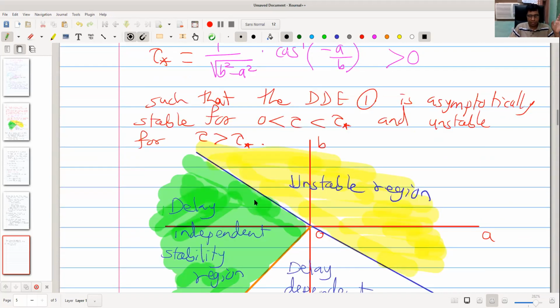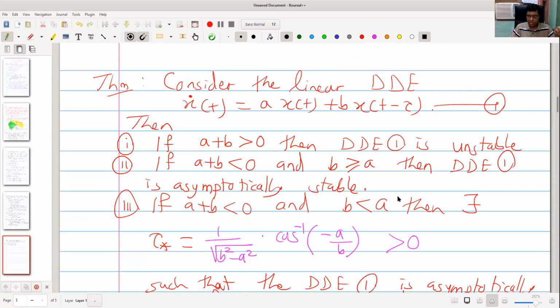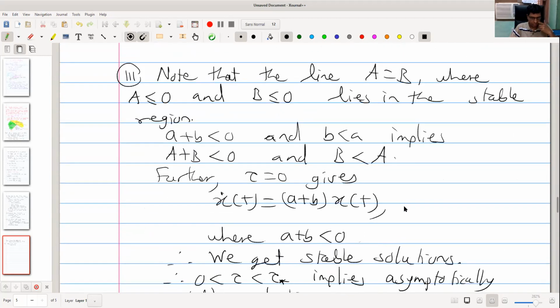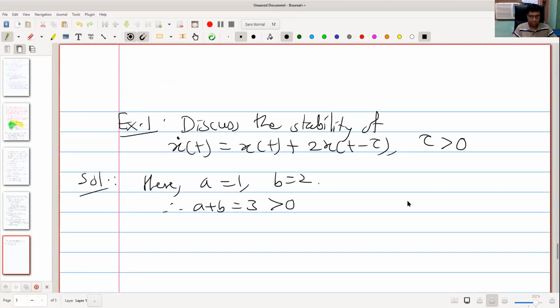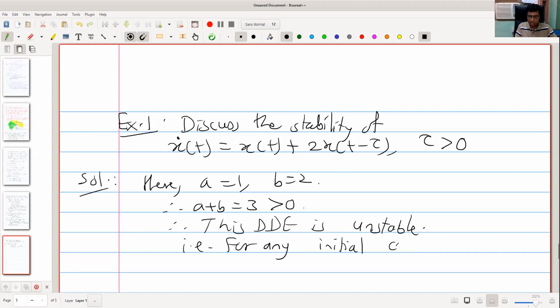Small a plus small b is positive, so the DDE is unstable. Therefore, this DDE is unstable, which means that for any initial data except 0, we get unstable solutions.